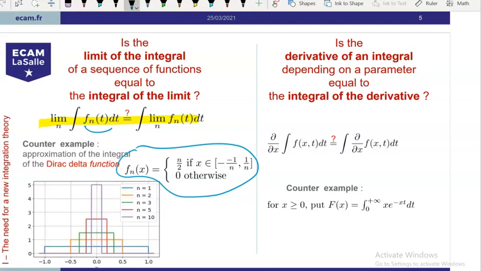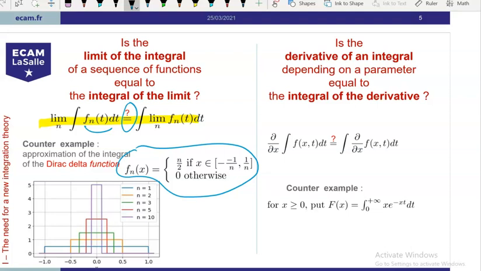We want to know whether the limit in n of those integrals is the same thing as if you would calculate the integral of the limit as n tends to infinity of this thing. So that's one of the questions we want to answer, and we will see some kind of counterexample.